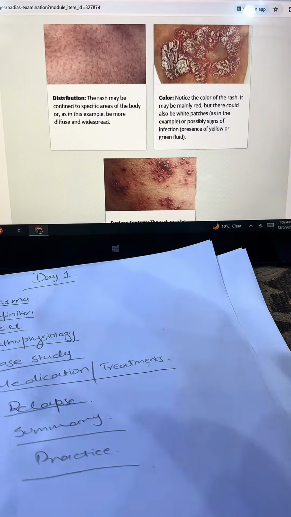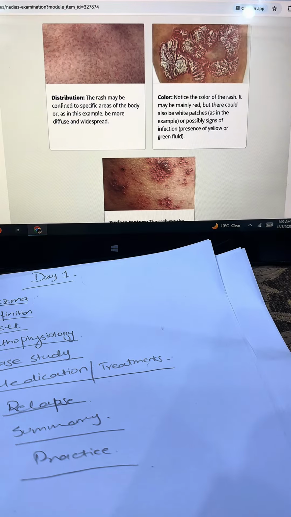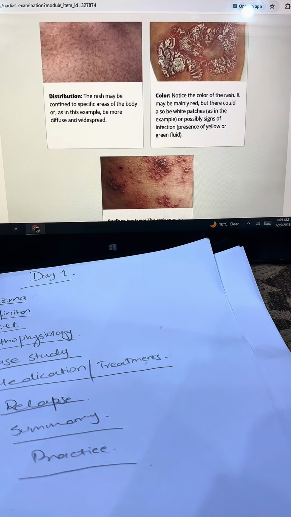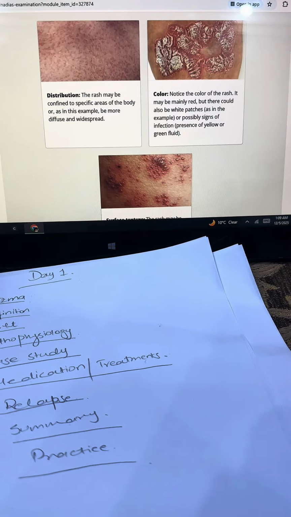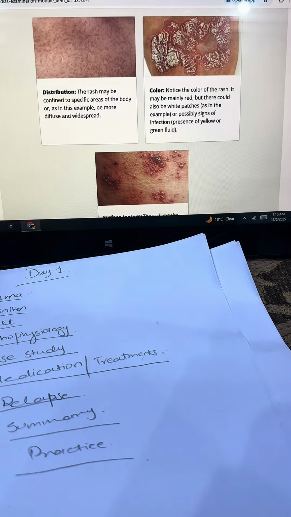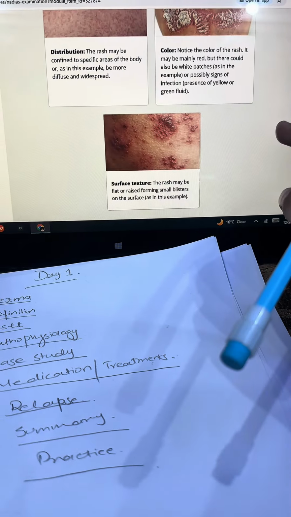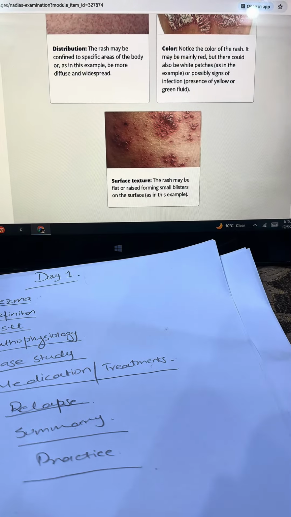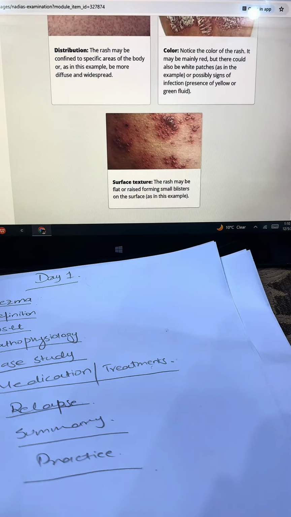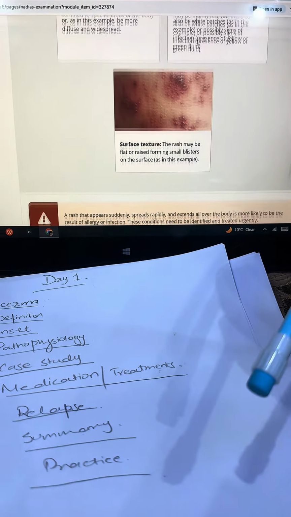In this slide, you can clearly see in the distribution, the rash may be confined to a specific area of the body, or more diffused or widespread. Color: yellow or greenish fluid, it may be red, it may appear as white patches, and in surface texture, the rash may be flat or raised, forming small pustules or blisters.